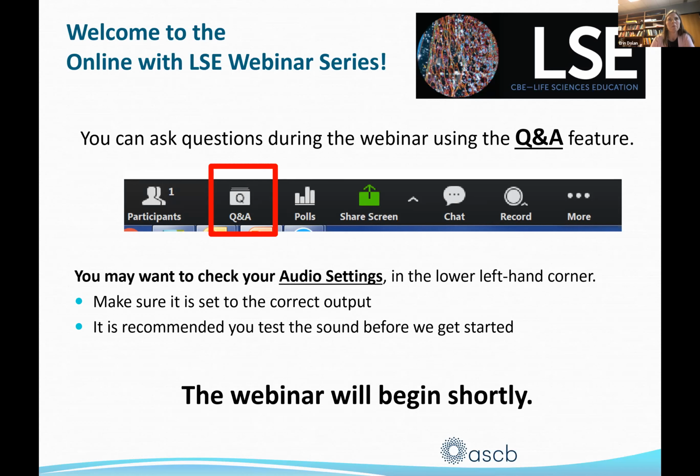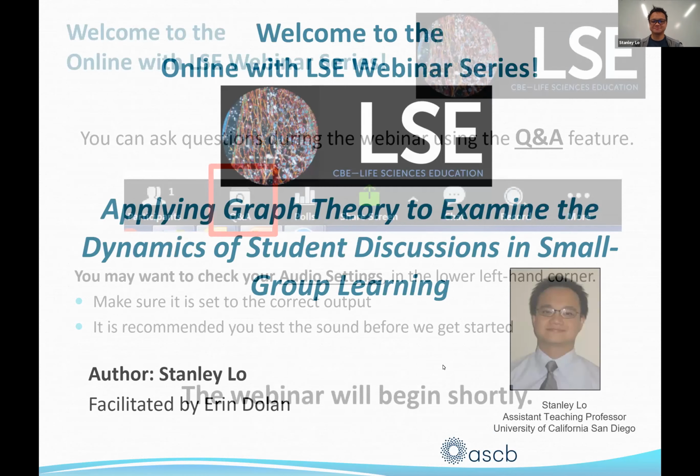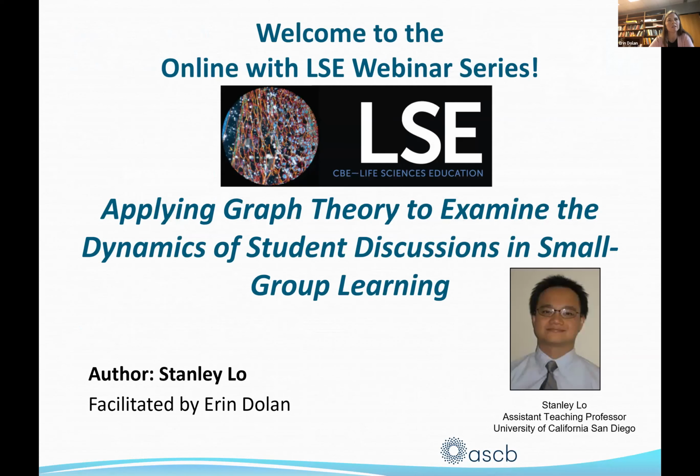And it's my great pleasure to invite Dr. Stanley Lo to this session of Online with LSE. Stanley, would you be willing to advance to the first slide? Yes. Great. He's an assistant teaching professor at the University of California at San Diego, and he's going to talk about a really interesting paper he published recently in LSE that uses graph theory to examine how students interact in small group learning settings.